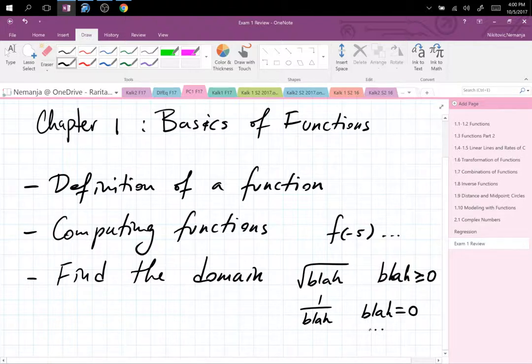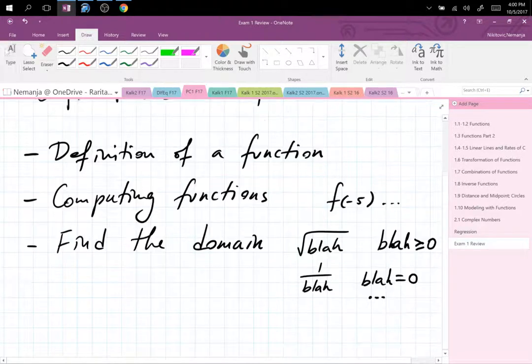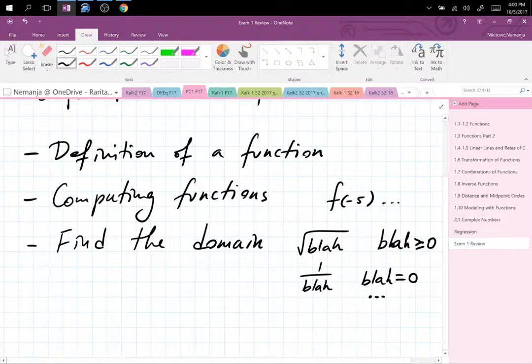Polynomials have infinite domain from -infinity to +infinity, then combinations and all of that good stuff. So computing functions, all of this stuff, that's good.